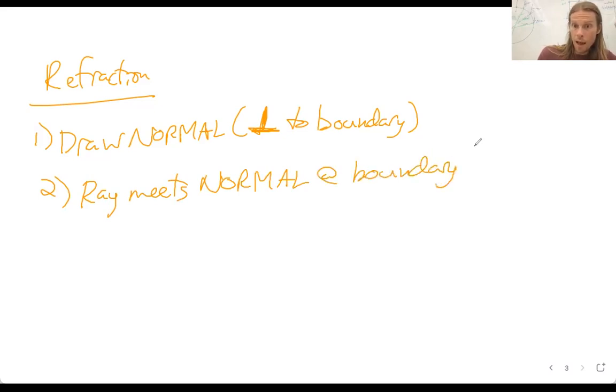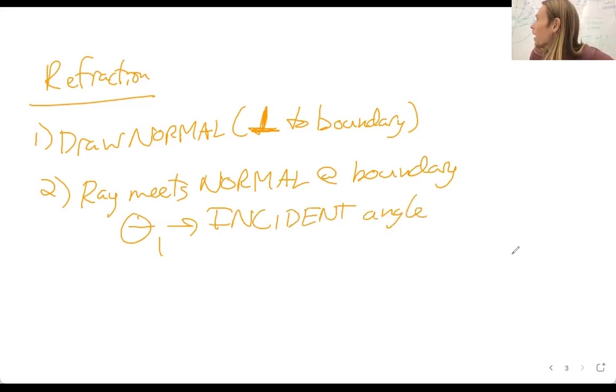We call that theta 1. That's the incident angle. I think I switched my 2 and 3 in class. Same information, just delivered a little differently. The ray meets the normal at the boundary. This is theta 1, the incident angle. This is just meant to be squiggles like parentheses or brackets.